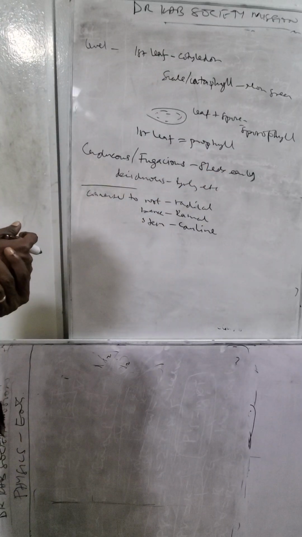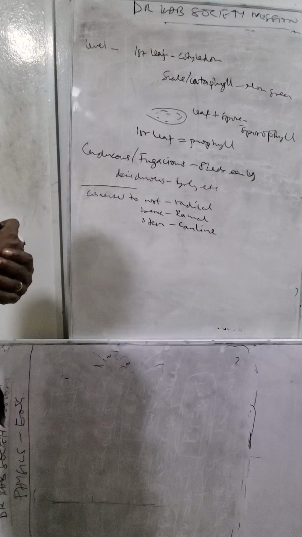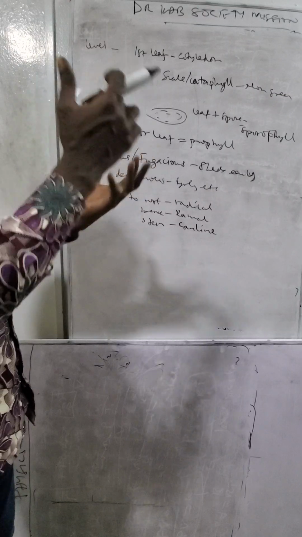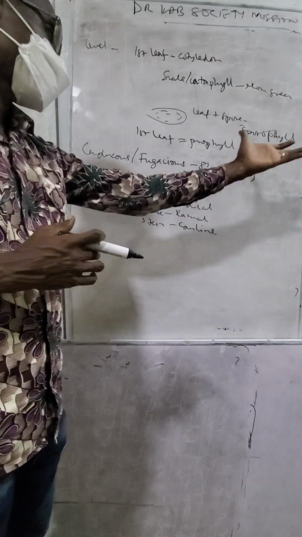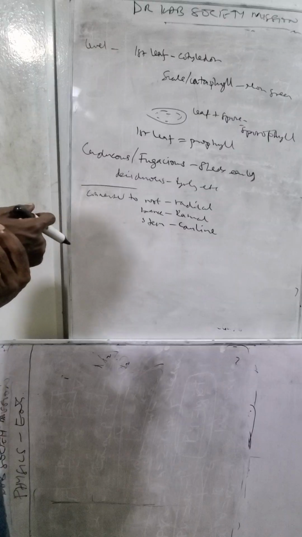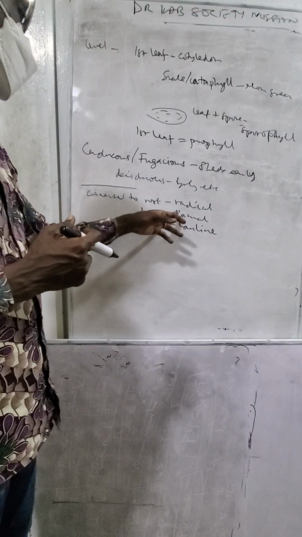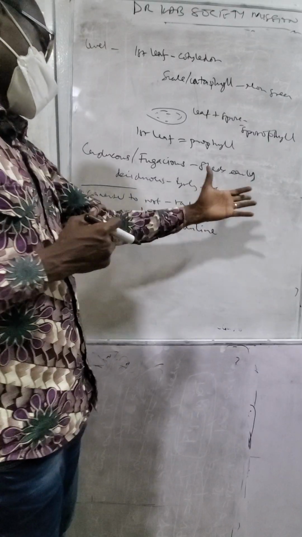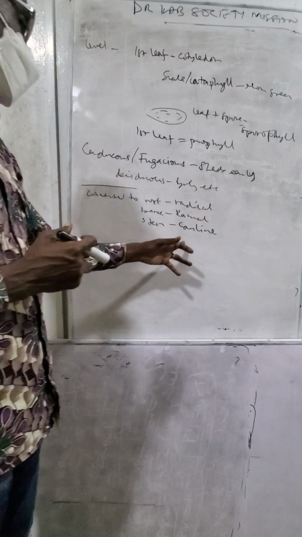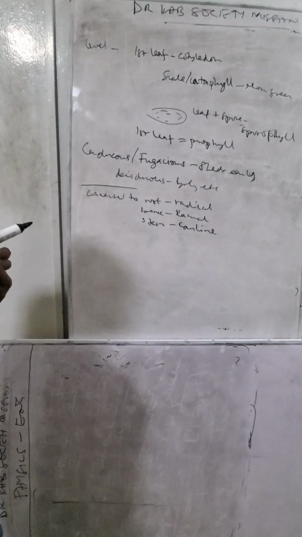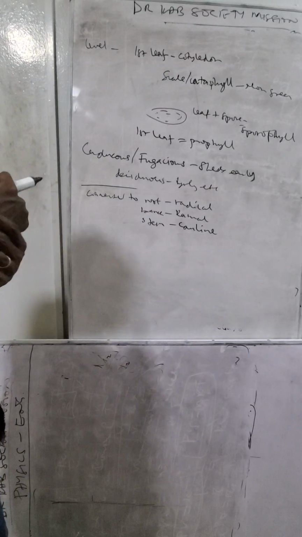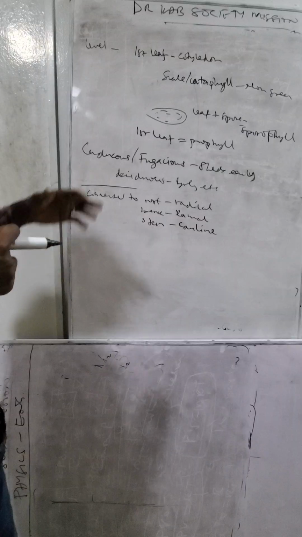Now some structures may be connected to the roots; that will be a radical kind of structure. If it is connected to the branch, that is ramal. If it is connected to the stem, that is cauline, whichever structure you are describing. So these are some of the things.